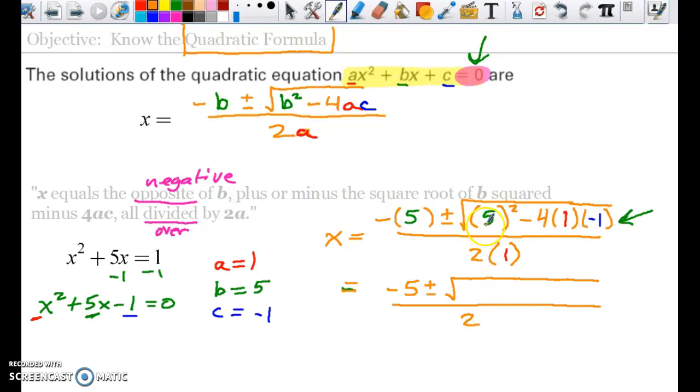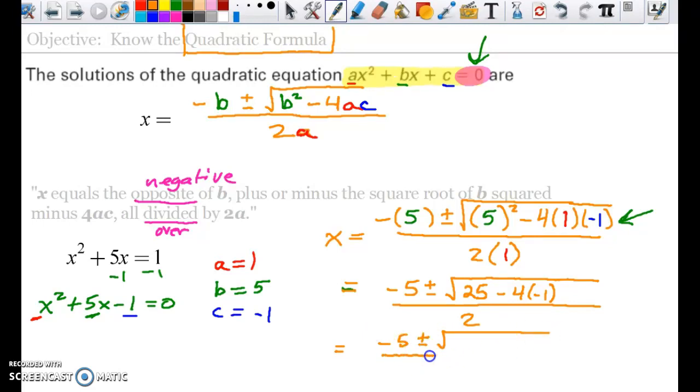Okay, 5 squared, 5 times 5 is 25. That first spot should always be positive because you're squaring it. Minus 4 times a times c, 1 times negative 1 is negative 1. So it's starting to look a little bit better. Keep working on the inside of that radical, the radicand.